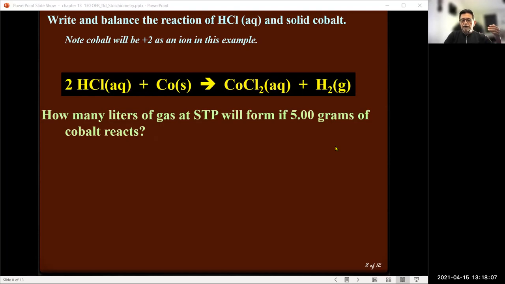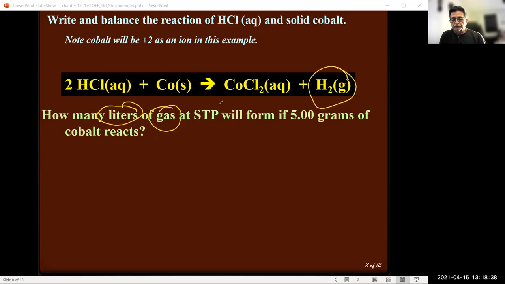The question is: how many liters of gas at STP will form if 5 grams of cobalt reacts? Let's first isolate what we're given, because who are the main parts of this reaction? We're asking for how many liters of gas. Well, obviously the only gas formed here is hydrogen.